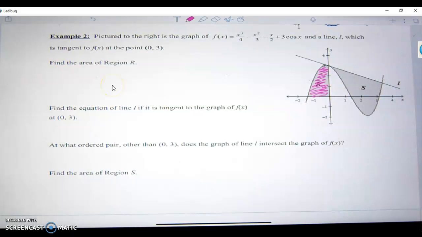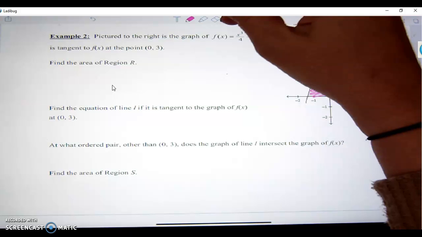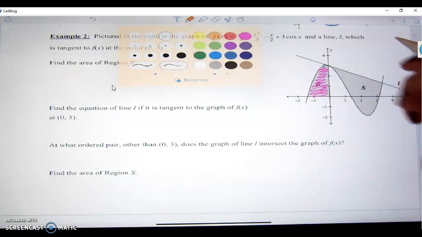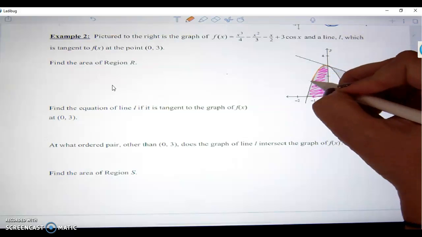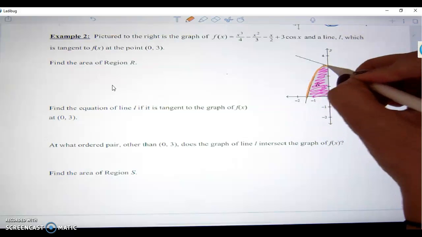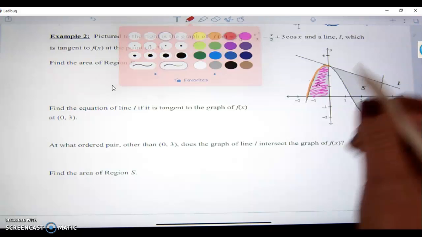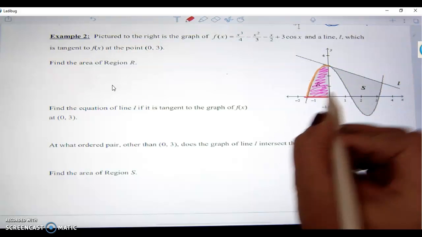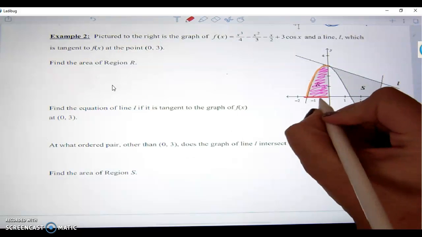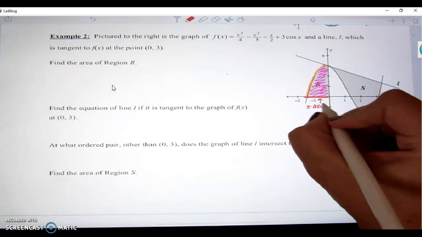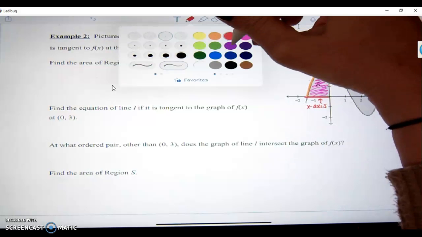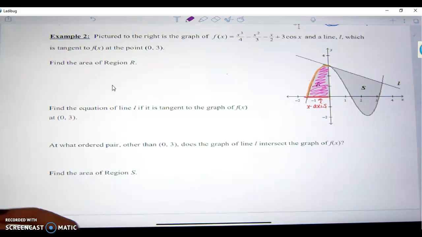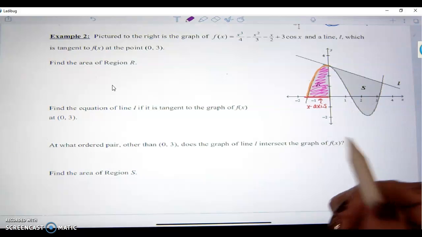Region R has this curve around it, and then the other curve that's really around it would just be the x-axis here. So essentially we're still under two curves if you want to set it up that way, and I'll show you why you don't really have to do that.